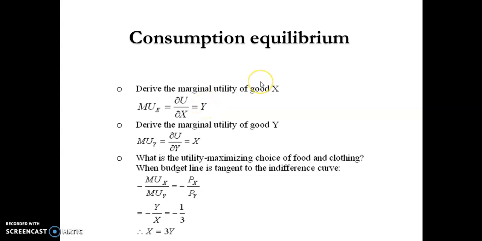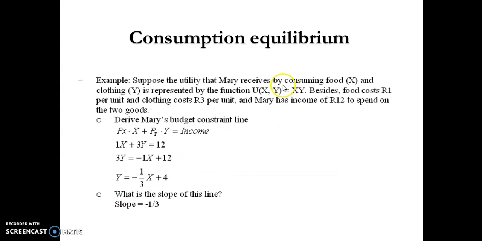If we go back to the previous slide, remember your utility function was just xy. So if I get the partial derivative of this utility function with respect to x and I treat y as constant, this is going to be 1 times the coefficient of x, 1, times x raised to the power of 0, which is just 1.